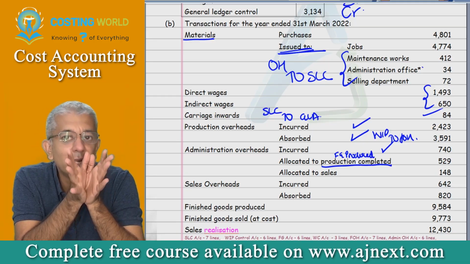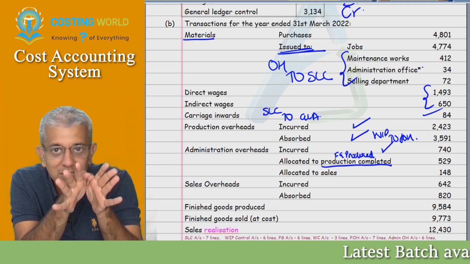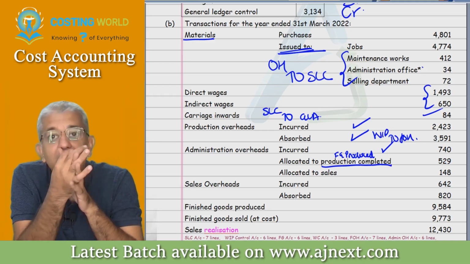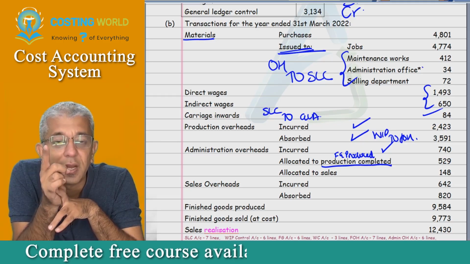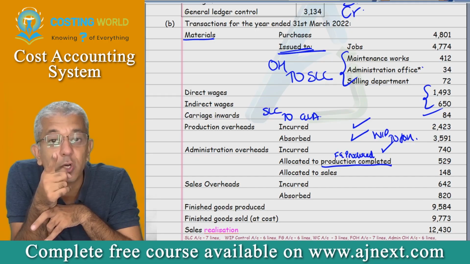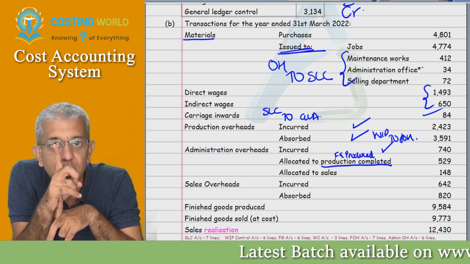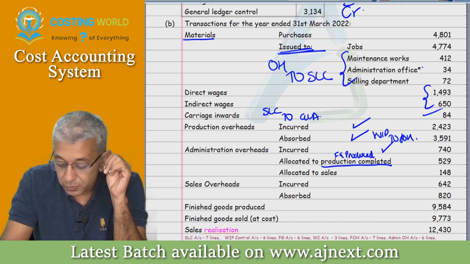These are administration overheads that are allocated to finished goods produced. That means that these admin overheads must be related to production, because administration related to production only goes to finished goods, no? General admin goes to your cost of sales, no? Is that understood? Yes, sir. This is important for me.